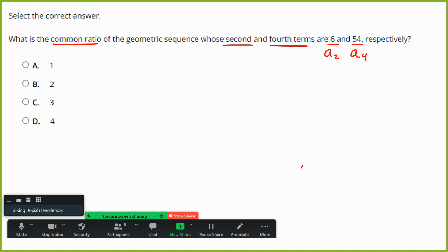They're asking us what is r? What is the common ratio? And we know it's a geometric sequence, so we're not adding or subtracting, we're multiplying and dividing. So like the last problem, let's start a blank sequence, fill in the parts we know, and see if we can figure out r.